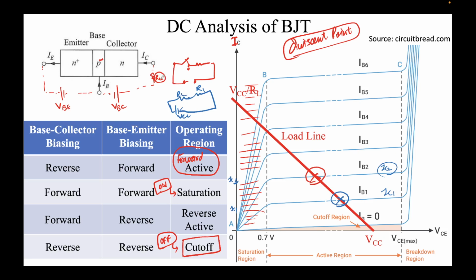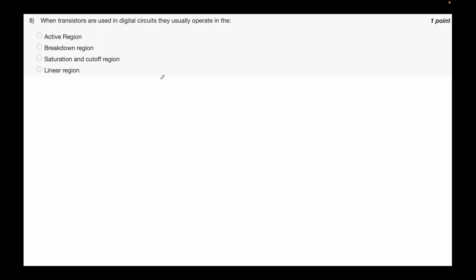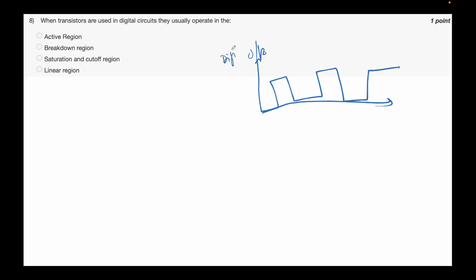Okay. So as I told, in the digital regime, we are only interested in on and off, on, off, on. Let's say it keeps on going. So this is, let's say, the digital output, and this is time. This on and off state, I told you, the off state is known as the cutoff.